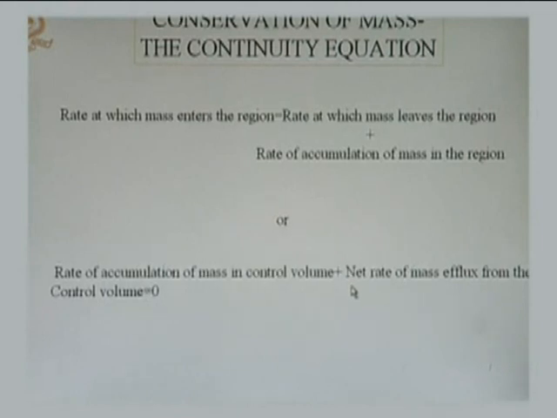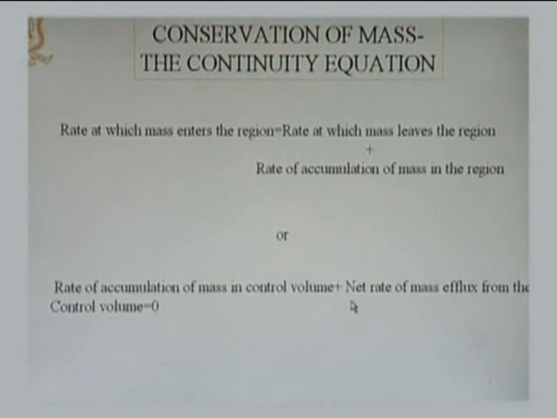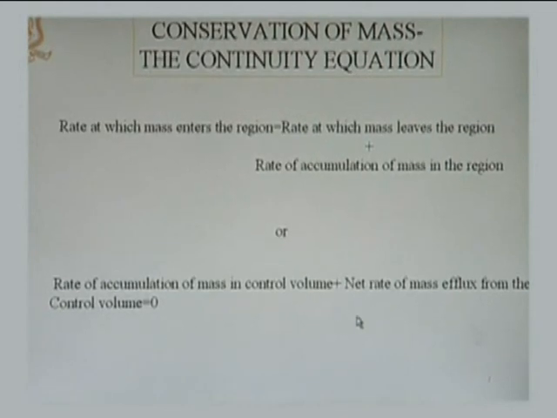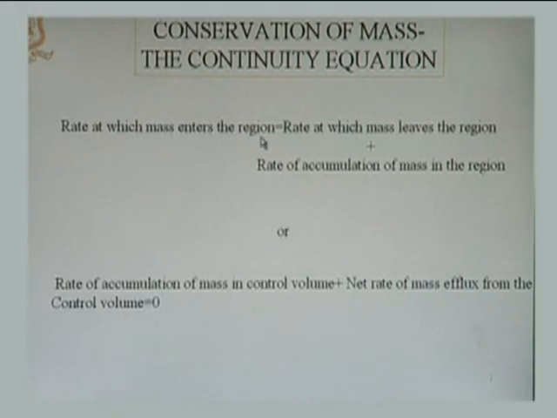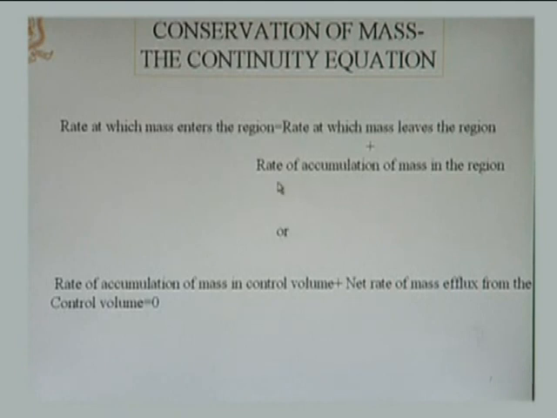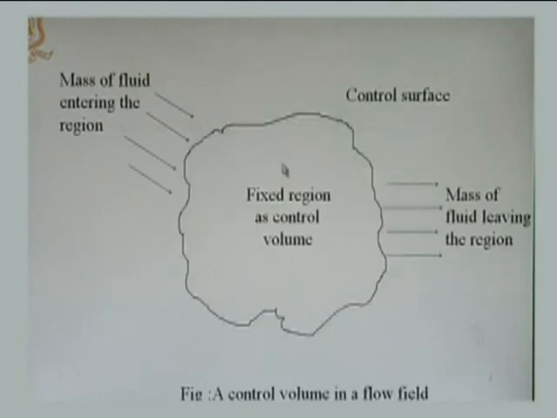So, first we are going to discuss conservation of mass, which in terms of fluid mechanics we call the continuity equation. For conservation of mass, we know that mass cannot be created and cannot be destroyed. So, for a control volume it may be written that the rate at which mass enters the region is equal to the rate at which mass leaves the region plus the rate of accumulation of mass in the region.